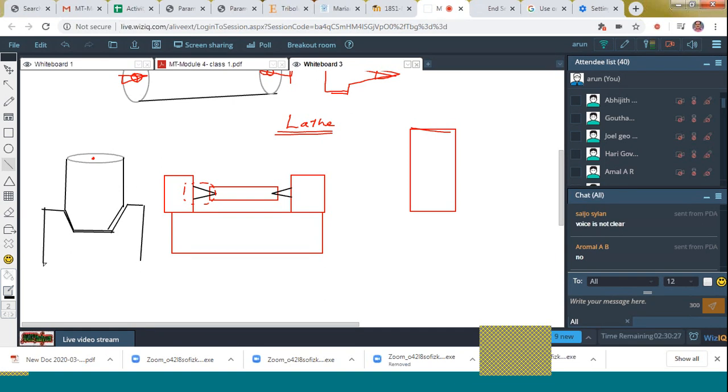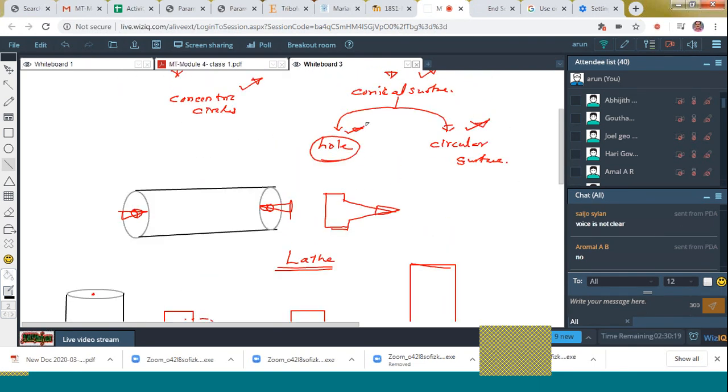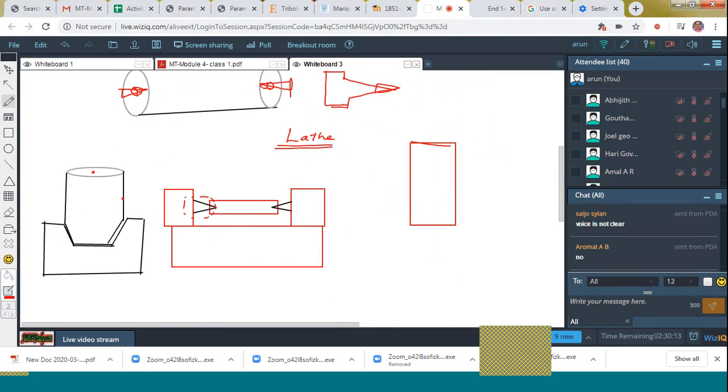These are the two methods of locking by means of a conical surface: by means of a hole and by means of a circular surface. See, the circumference is locked here by means of the cup-shaped structure. Clear?